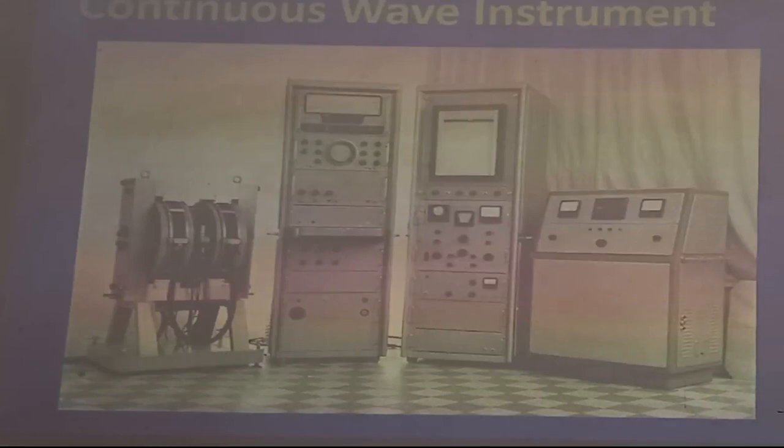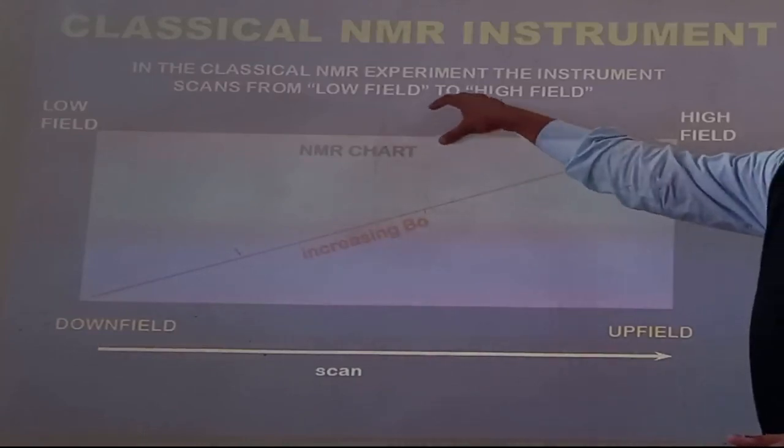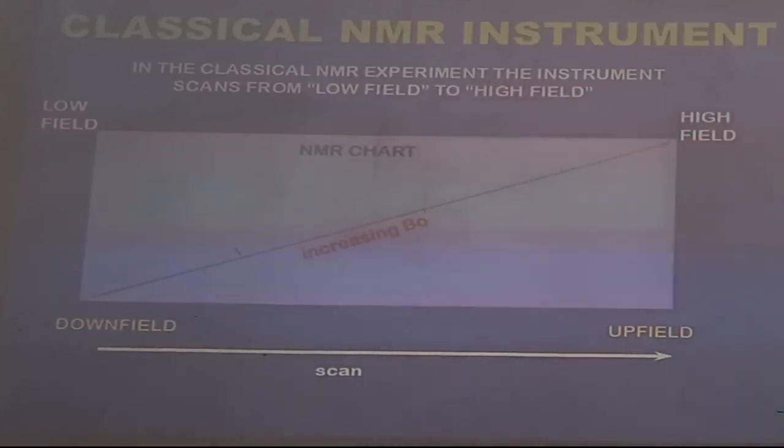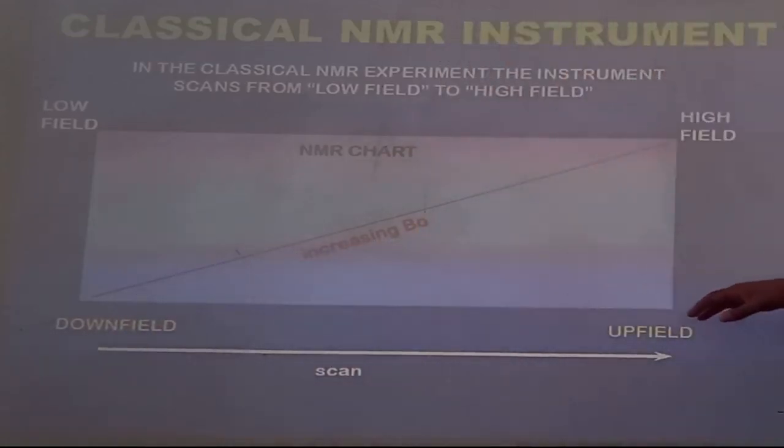And we have discussed the basic principle, or the basic operation, of how these instruments work in the previous session. So what we do in a classical NMR machine is that we scan from low field to high field. As we discussed previously, as you increase the strength of the magnetic field, the Larmor frequency increases.